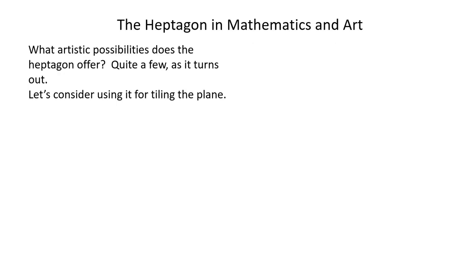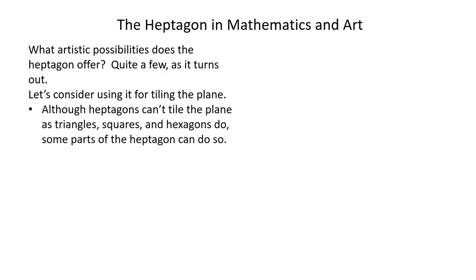So, what artistic possibilities does the heptagon and its stellations offer? Well, let's consider using it just for tiling the plane. Heptagons can't tile the plane as triangles, squares, and hexagons do, but some parts of the heptagon can do this.